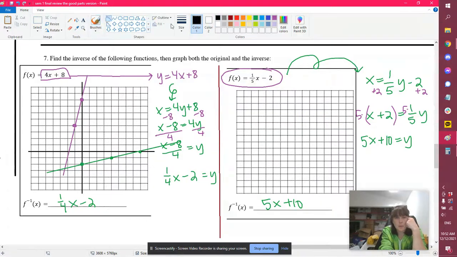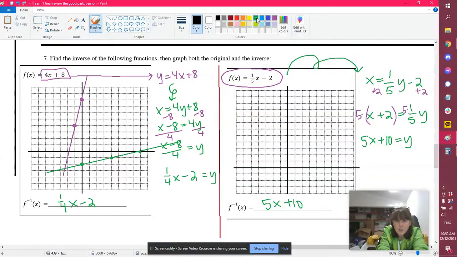Now it's time to graph. When I draw my axes, I realize I'm going to have to go down 2, but also up 10, because this one has a -2 as a y-intercept, and this one has 10. So I'm going to make this actually pretty low down to make sure I have room.